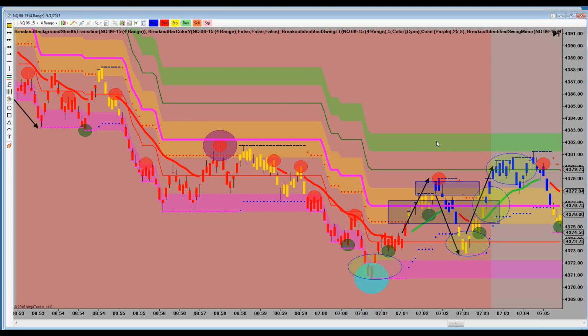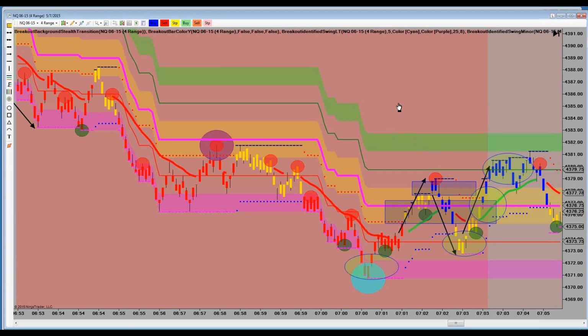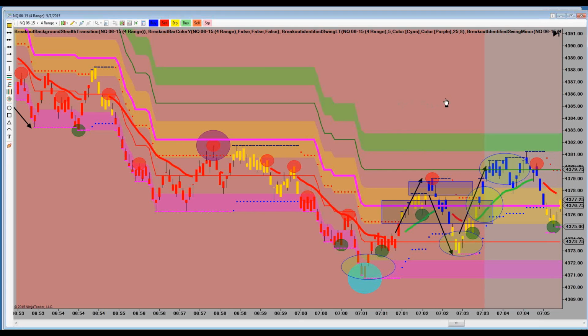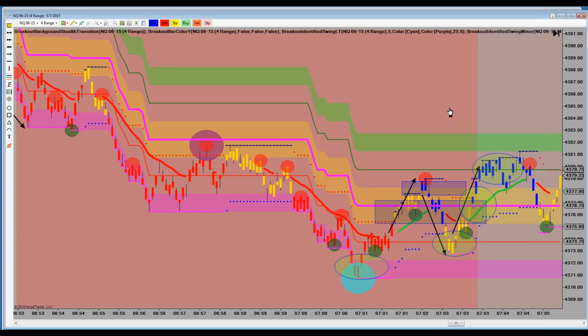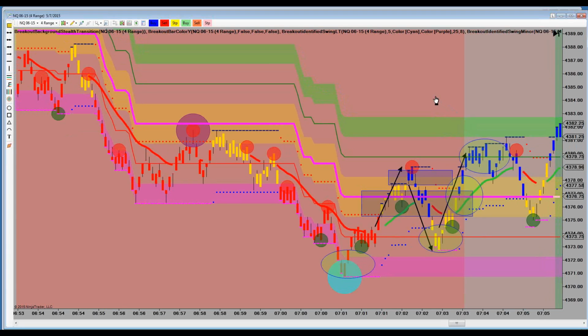Kathy doesn't want it anymore. Okay, Ted and Michael P are getting long on a bar close up. Ted's buying in here. All right, how about now? Anybody in now? Coming back up to the mid-band, breaking it. How about now?